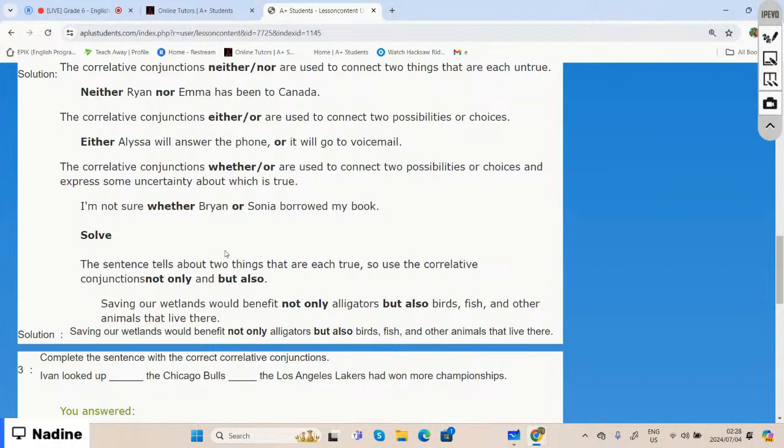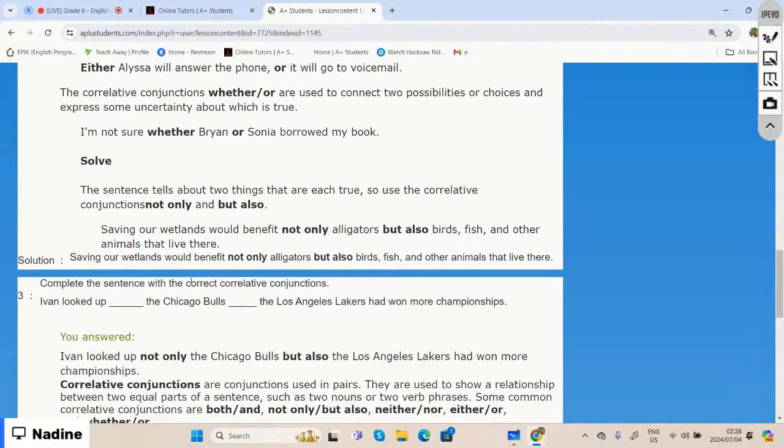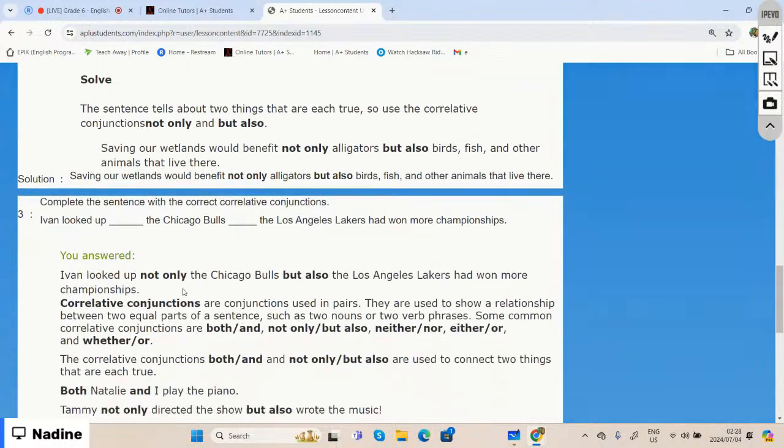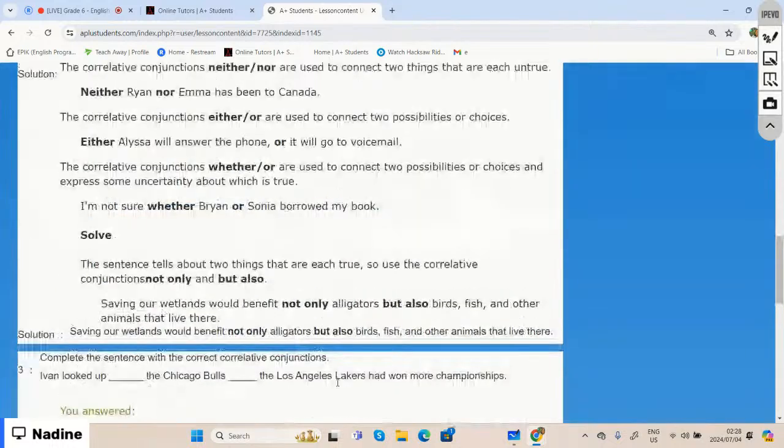So this is then true, which is saving our wetlands would benefit not only alligators, but also birds, fish, and other animals that live there.